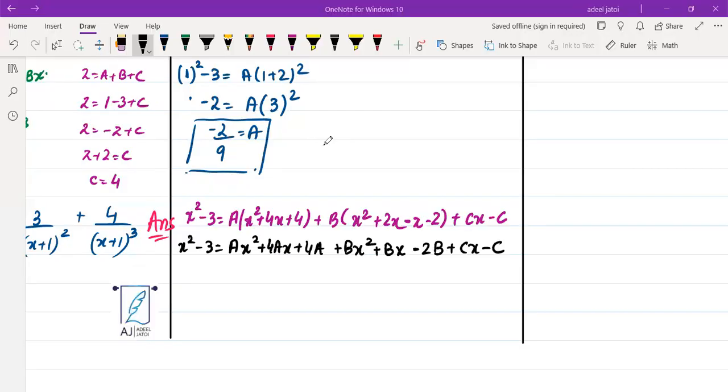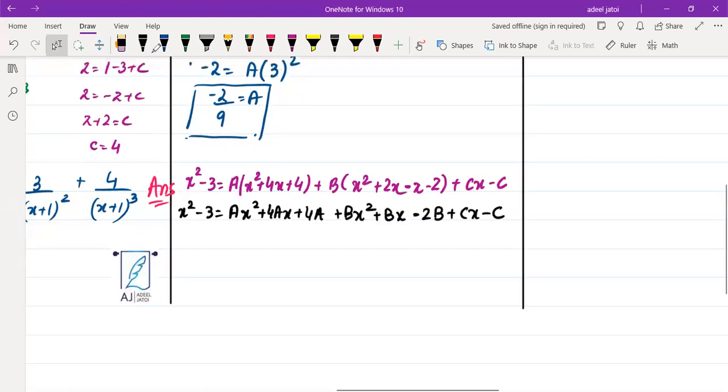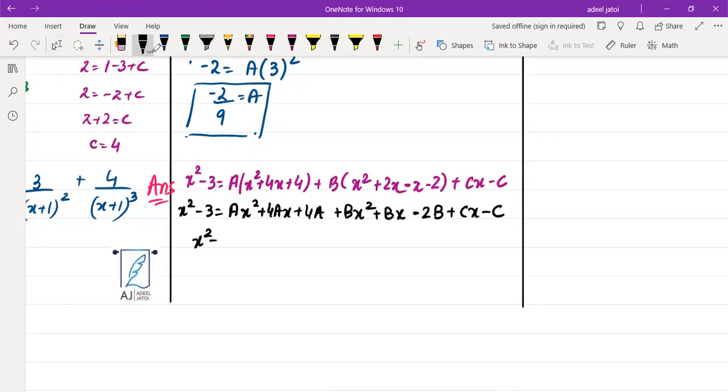So now we'll be comparing. x square will be compared to ax square and bx square only. Since we compare the values, we can write x square is equal to ax square plus bx square. We know that the coefficient of x square is 1, so this can be written as 1 equals a plus b.